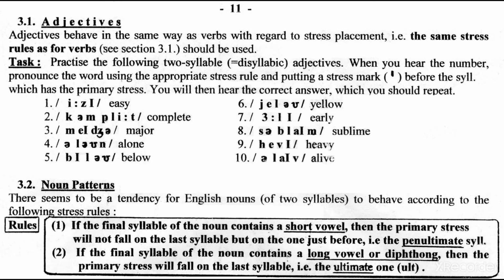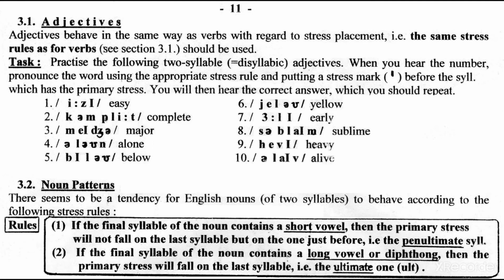We have finished with the first rule, which is devoted to verbs and adjectives. So to sum up the rules, before we go to another rule, rule 1 is subdivided into 3 sub-rules. Rule 1A says if the last syllable contains a long vowel or a diphthong, or a long vowel plus a consonant or a diphthong plus a consonant, the stress rests on the ult, that is the last syllable.